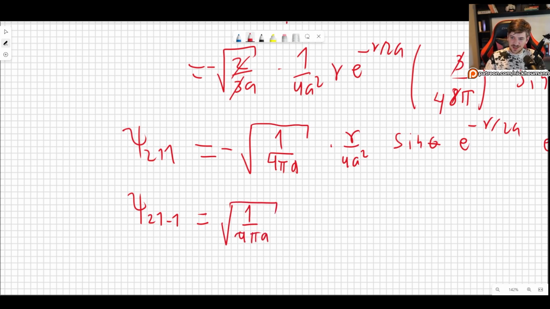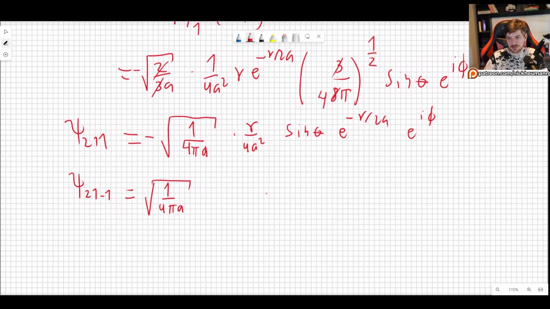I guess you could take the 4 out of the square root if you wanted. I mean, it doesn't really matter that much, but you could do that. So r over 4a squared sine theta e to the minus r over 2a. So none of this has changed. And then e to the minus i phi.